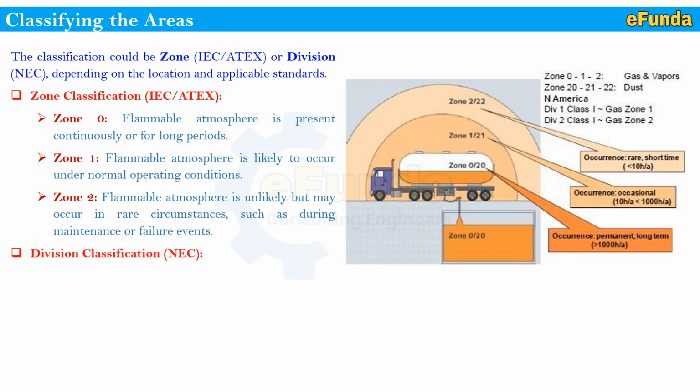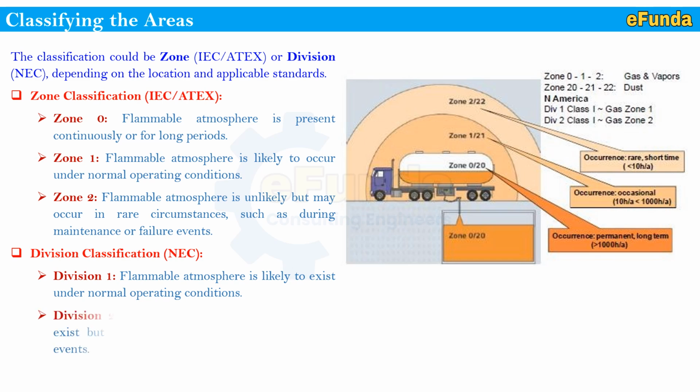Division classification, that is NEC. Division 1, flammable atmosphere is likely to exist under normal operating conditions. Division 2, flammable atmosphere is unlikely to exist but may occur due to malfunction or a rare event inside the plant.